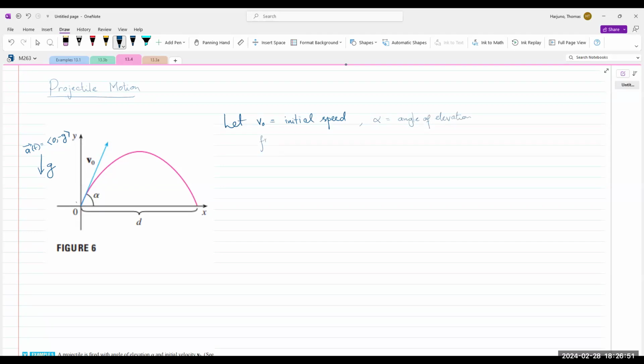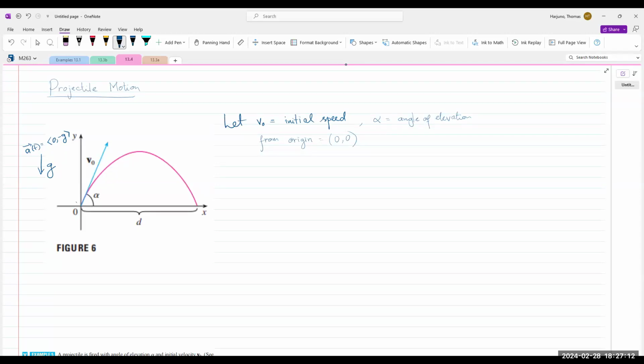In other words, we will throw, or the projectile will start, from the origin.